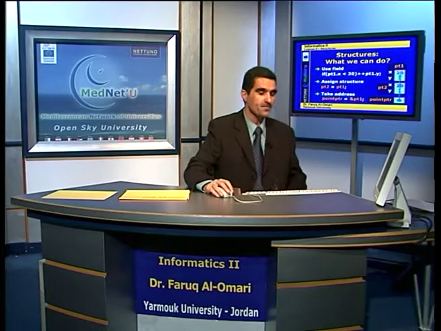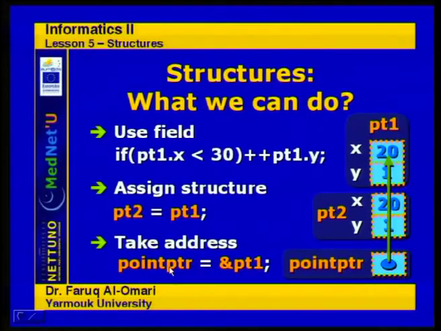In that case, I can assign this pointer to point to the address of pt1. So this way, I'm making point_ptr point to this structure.